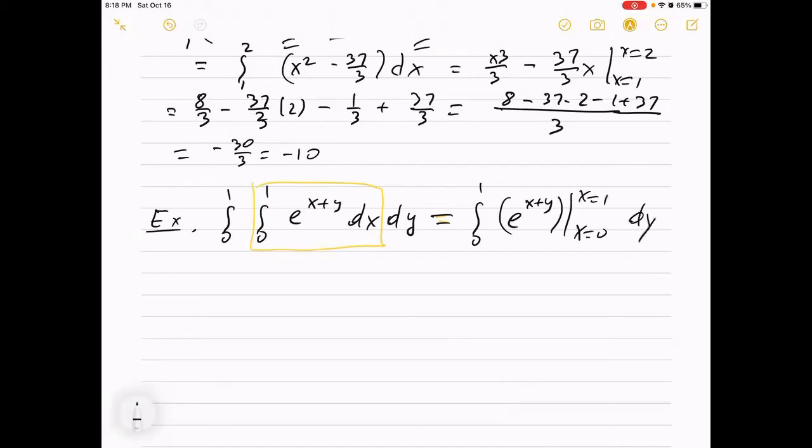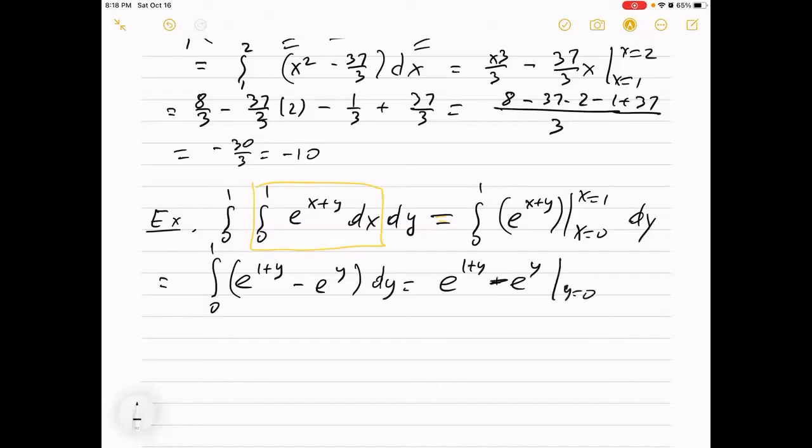The y stays on the outside, so we get e to 1 plus y minus e to y, integral 0 to 1 dy. So we get the antiderivative e to 1 plus y minus e to y, where y is changing from 0 to 1.